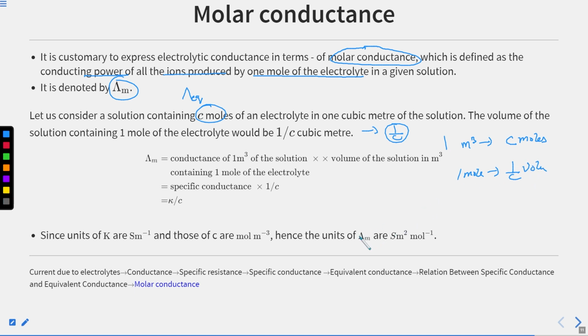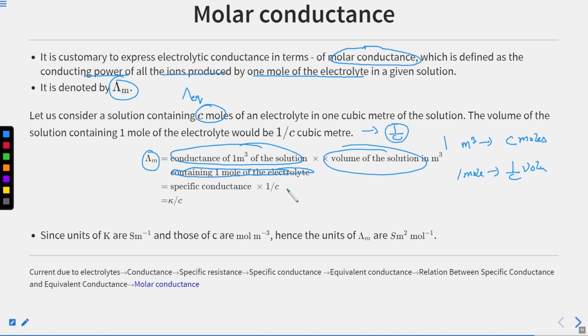Is this clear? Right. So lambda m will be equal to the conductance of 1 meter cube of that solution multiplied by the volume of the solution containing 1 mole.